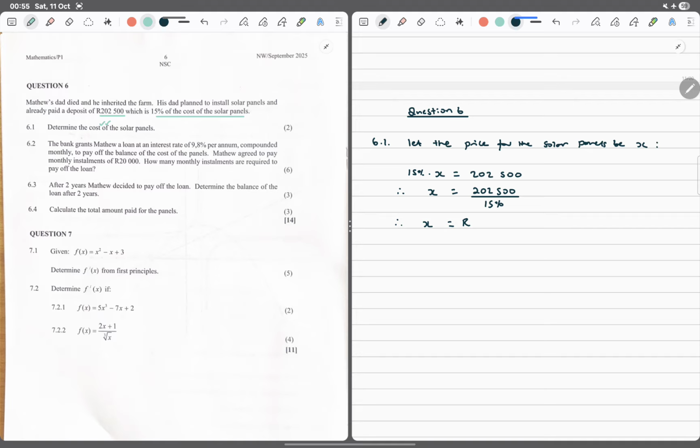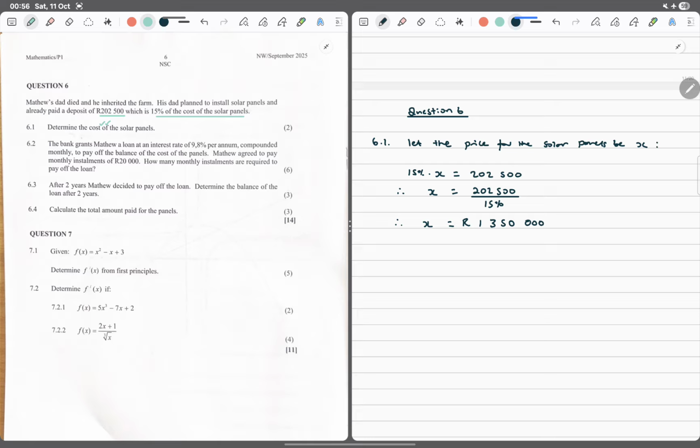So 202,500 divided by 15%. Of course, the calculators, guys, are capable of doing things. So this one says it's basically 1,350,000, right? So it's 1.3 million.